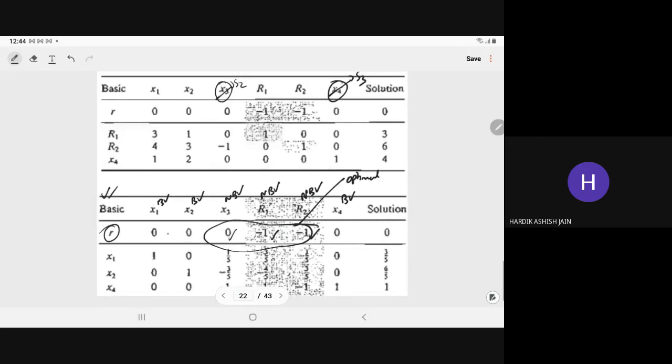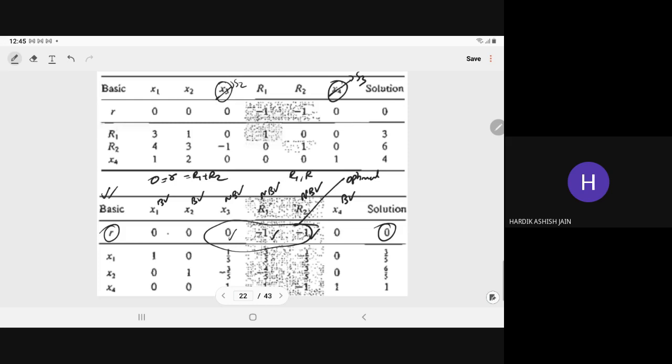So at optimal, R is equal to what? R is equal to 0. And what is the R? R1 plus R2. When we say that R is equal to 0, when is it possible?